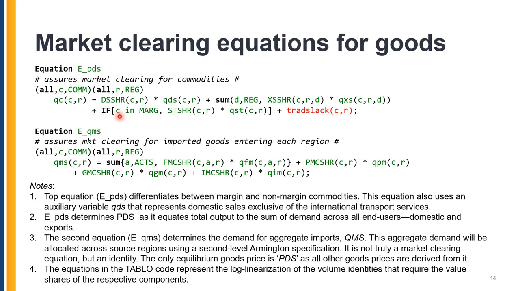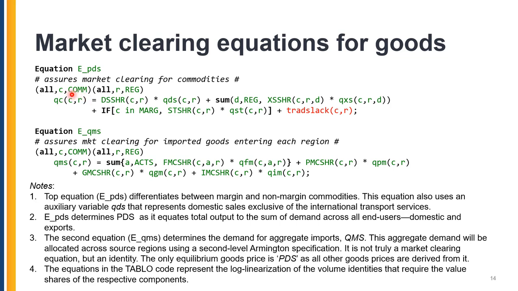If the particular commodity you're currently processing as the code is being interpreted is part of the set margins, then there's this additional component that goes in the equation: the transport share multiplied by the percentage change in the supply to the purchases from the region of the global transport pool. If it's not part of marge, then it doesn't exist. And so with a single equation in the code, you're able to get the two different equations that you might have for margin and non-margin commodities.